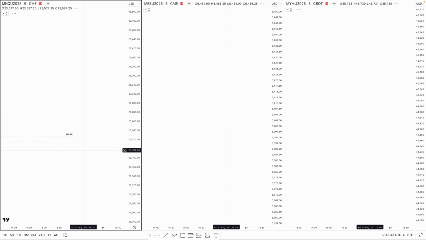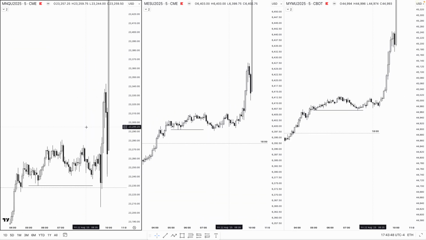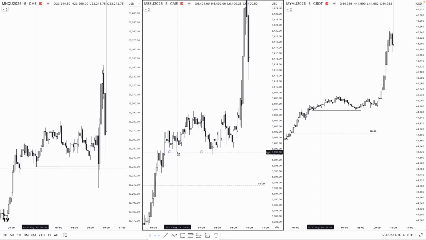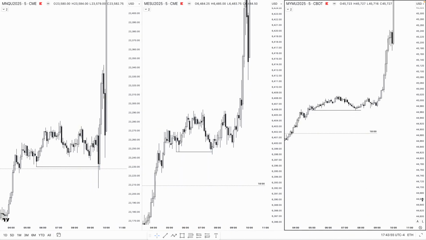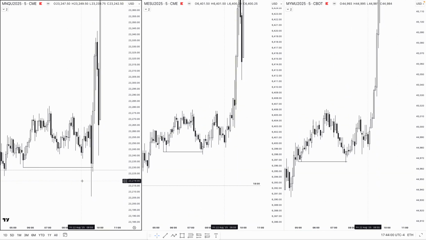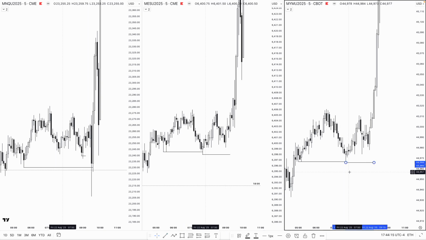However, if we go even deeper into this, although we said NQ is most likely to expand as we have this failure swing on the 1 hour gap, you will see that at 9 AM, with this 9 o'clock candle trading below this 8:55 candle, that gives us a 90-minute cycle sequential SMT, and we have these failure swings on YM here.